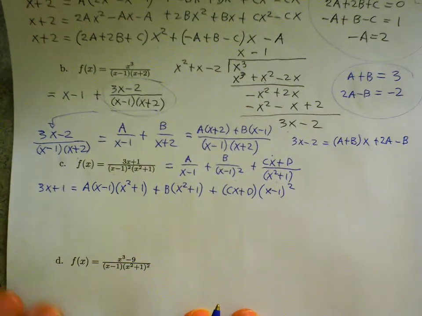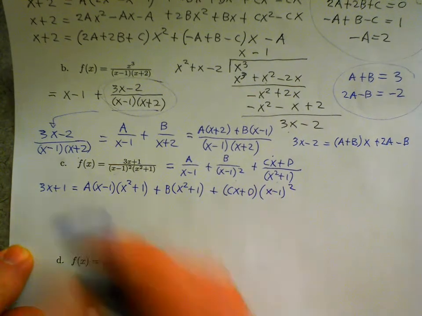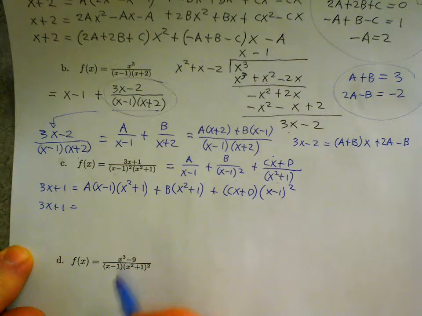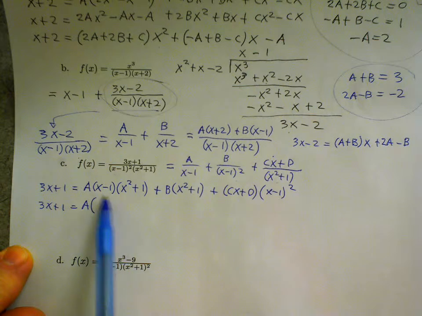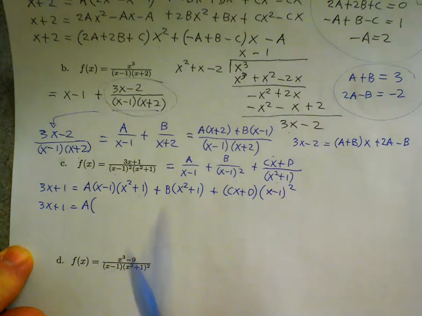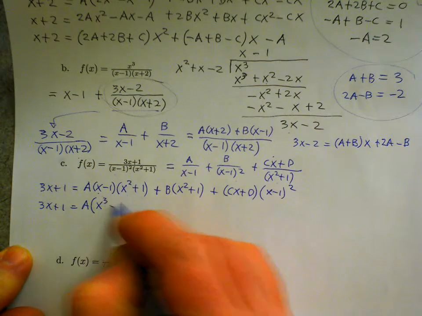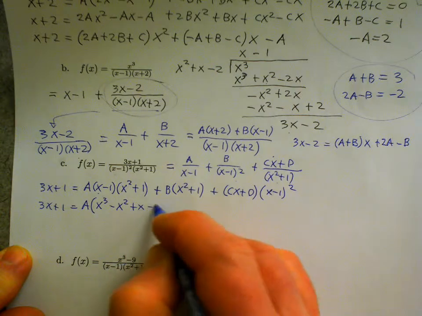And let's take it a little bit further. So we'll multiply x minus 1 times x squared plus 1. We're going to get x to the third minus x to the second plus x minus 1.